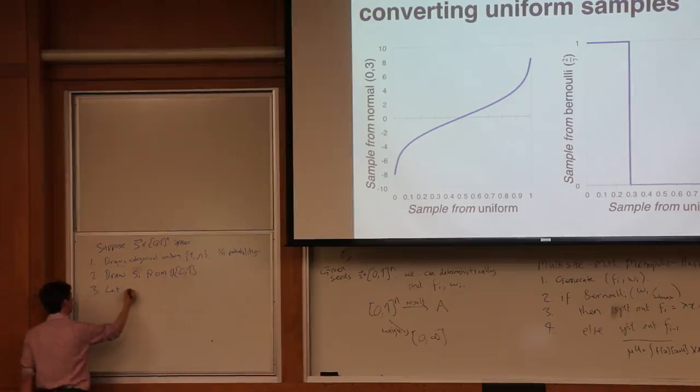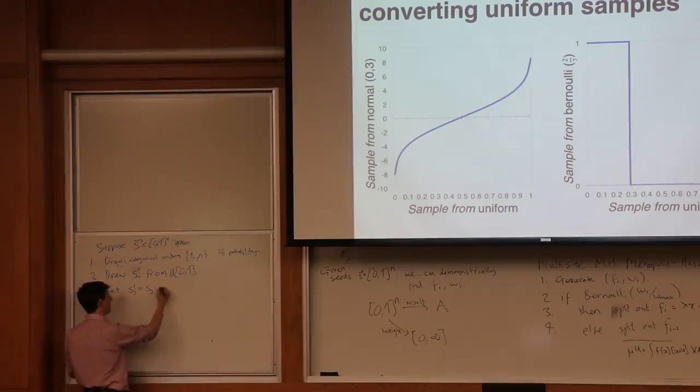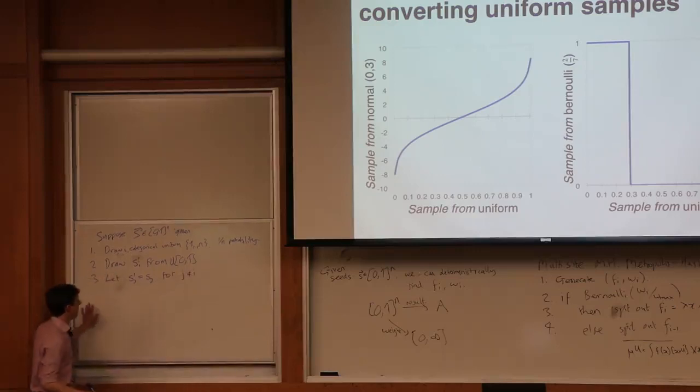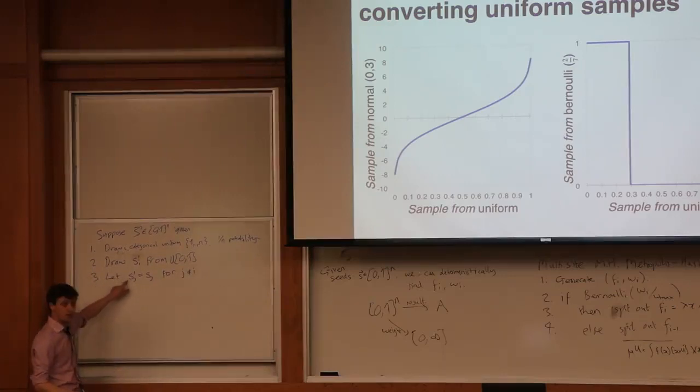And now we let the other cards, SJ, be what they were before. The other cards aren't changed, only the card we picked is changed for a new one, for J not equal to I.